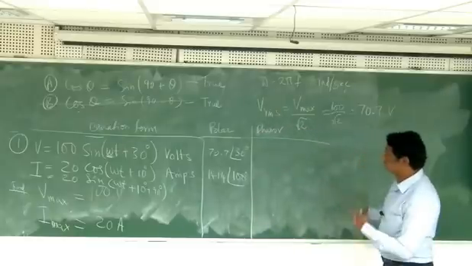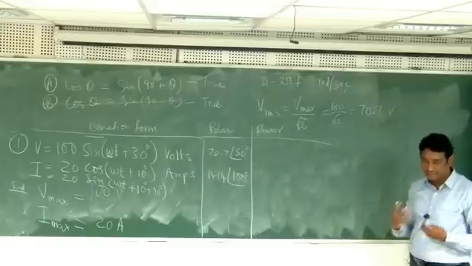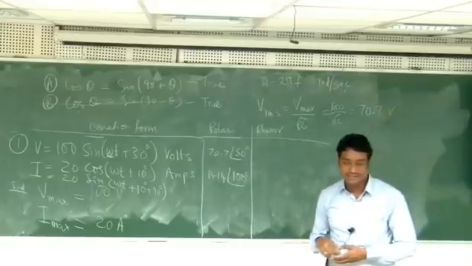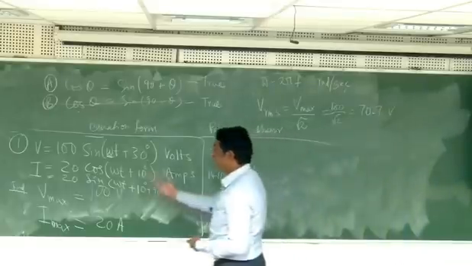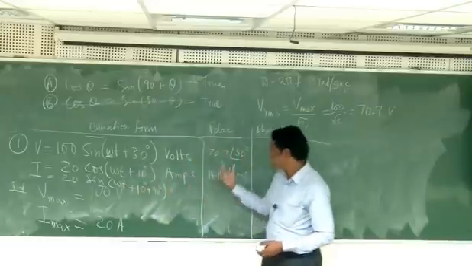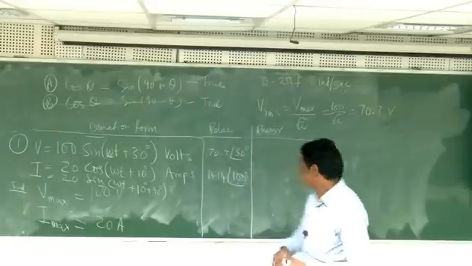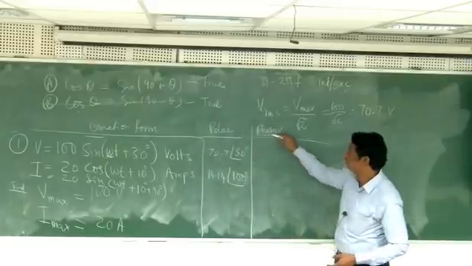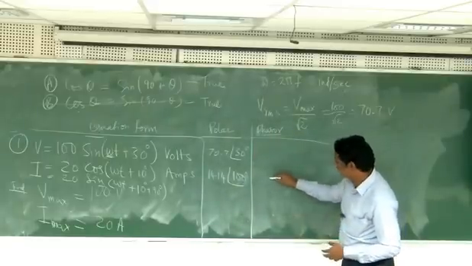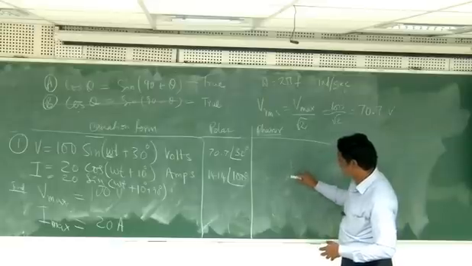So these alternating quantities, AC quantities, instead of writing them like equations or in polar form, you can also draw a diagram and show them in the diagram. The diagram form of representation is called phasor representation, where you take the x-axis and y-axis.